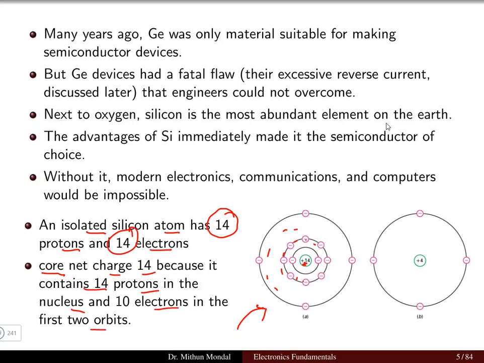So the core is made up of the nucleus and the first two orbits. Here we have the core with a net charge of +4, and these are the valence electrons present in the outermost orbit of the atomic structure of silicon. We have a total of 4 electrons in the outermost orbit, which are the valence electrons.